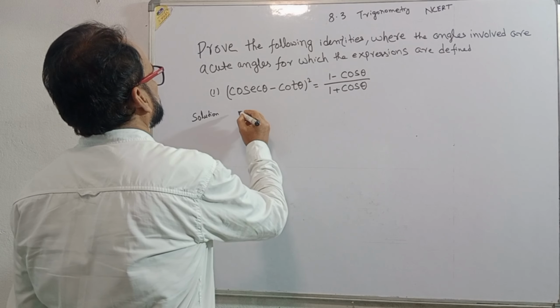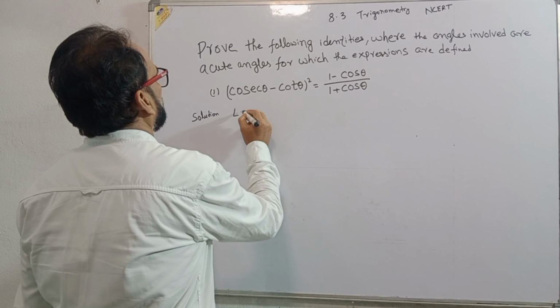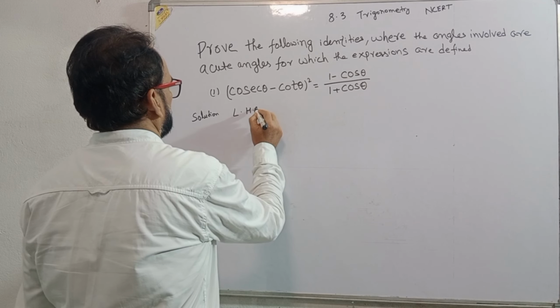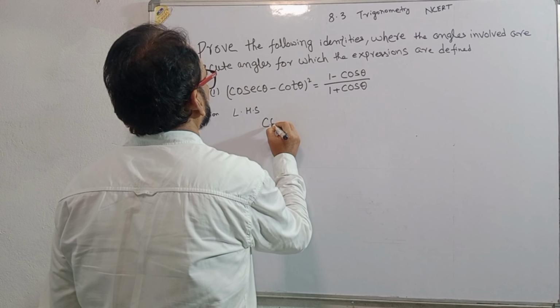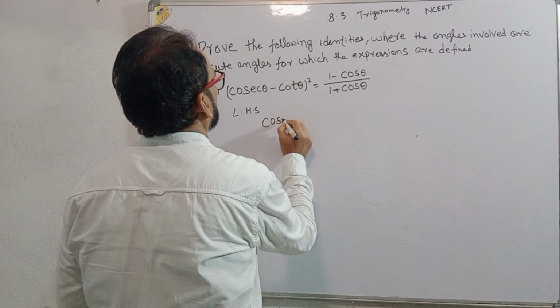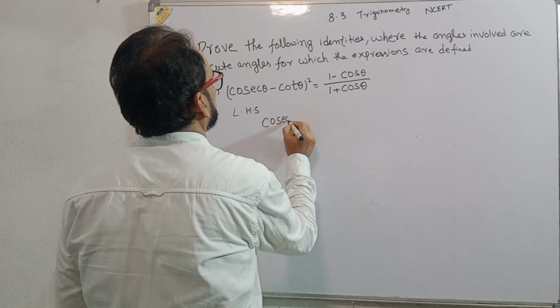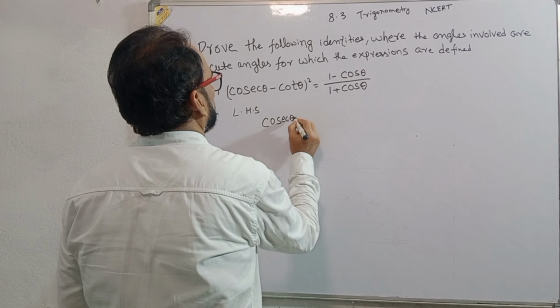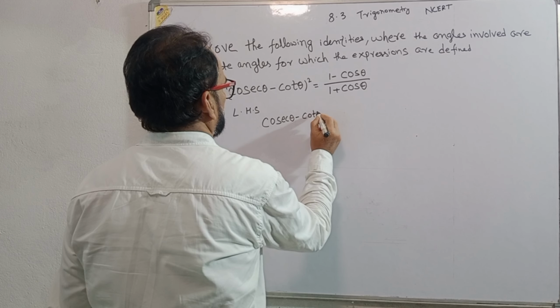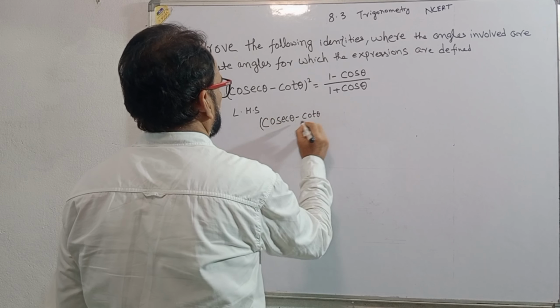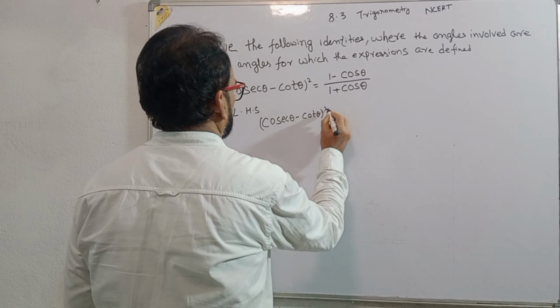We will take the left hand side: cosec theta minus cot theta, whole square.